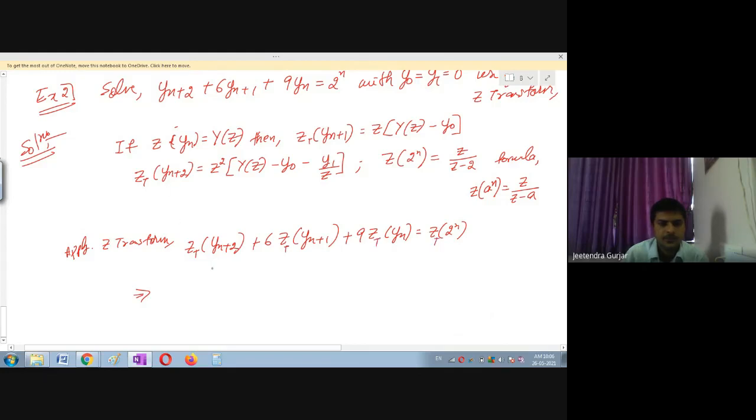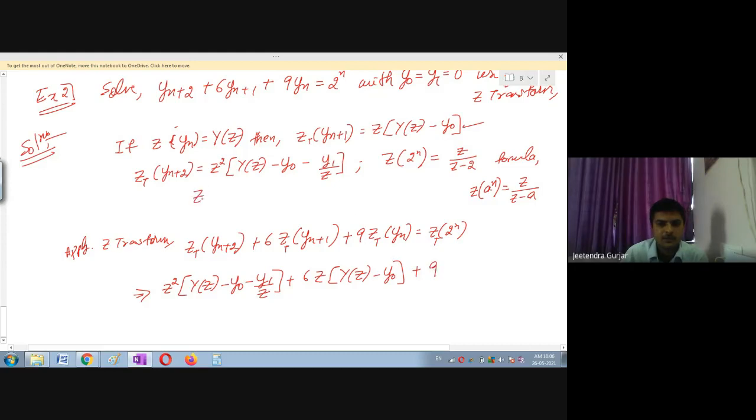Okay, so y(n+2) is going to become z square Y of z minus y0 minus y1 upon z, students, plus 6 y(n+1), here we have the formula, so this is z Y of z minus y0, plus 9.